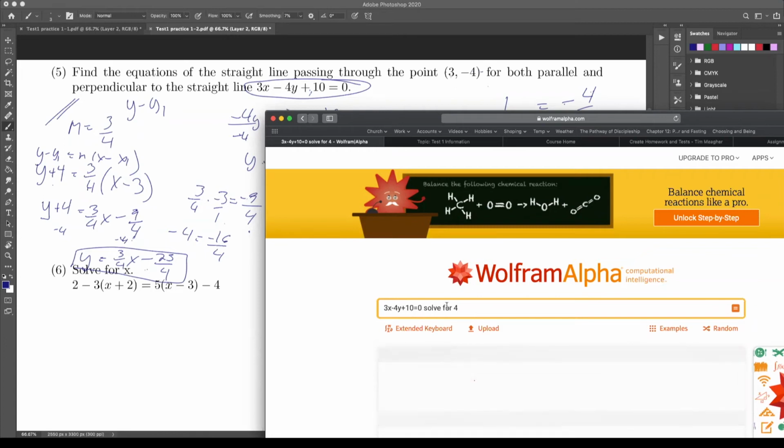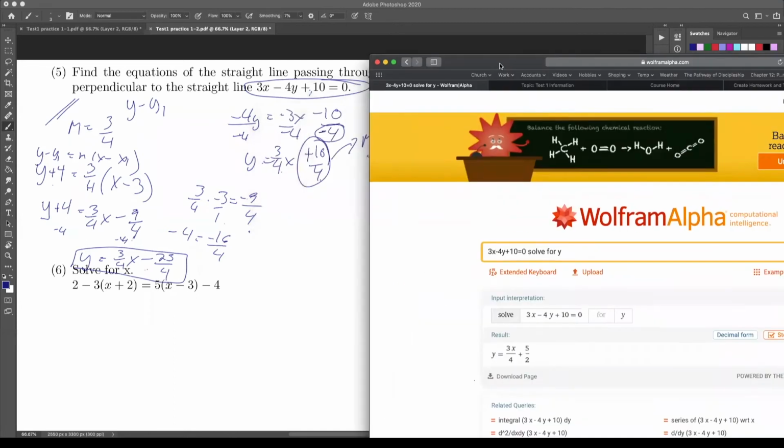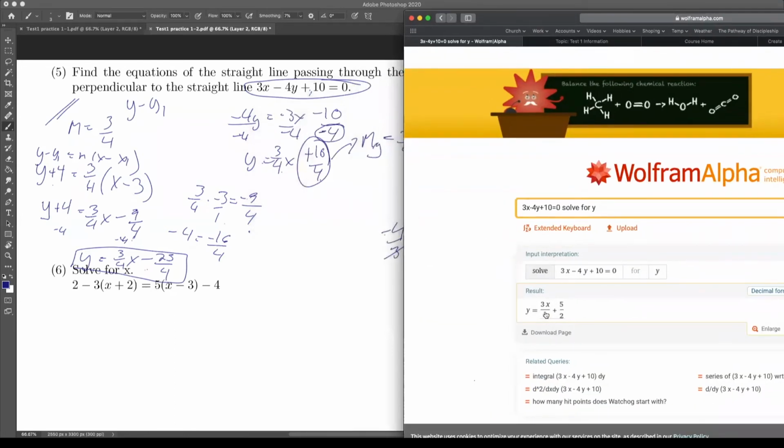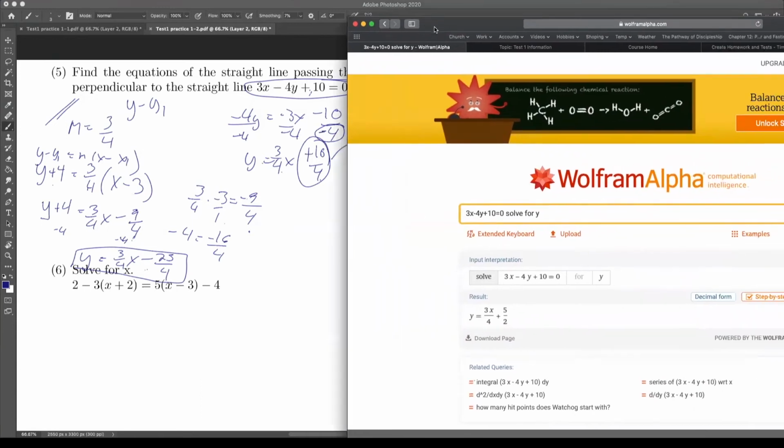Not solve for 4. It's like my brain doesn't work this morning. Solve for y. Ta-da! And here we get what we got, right? We got 3/4 x plus 5/2, or 10/4, same thing, right? Here we get our slope. So here we can just use this to check our slope. So our slope is correct, all right?